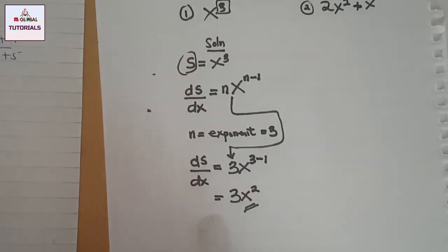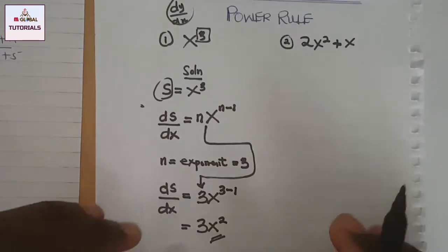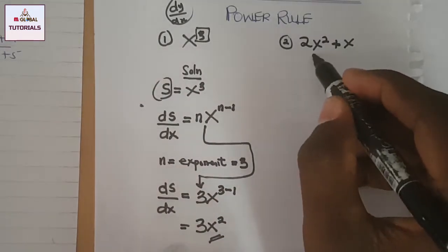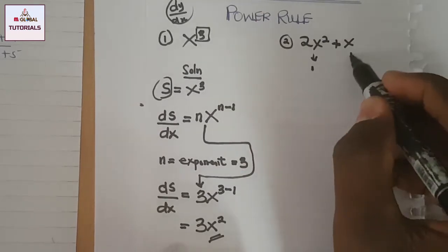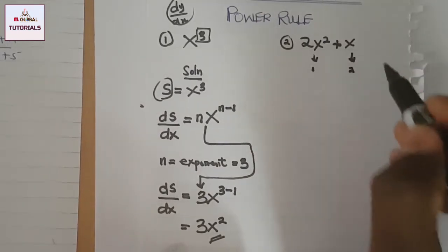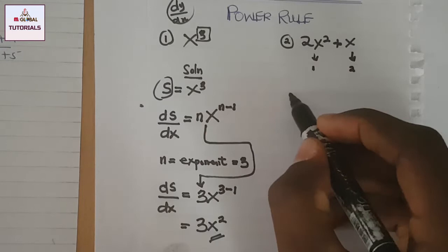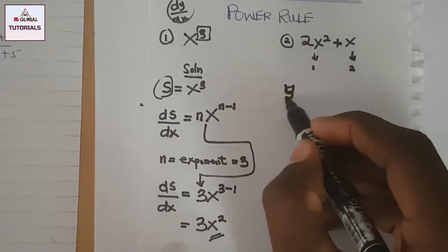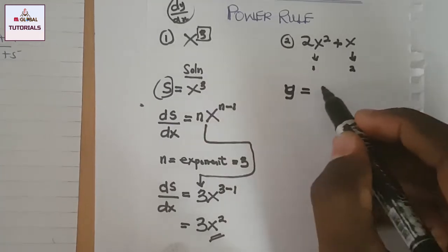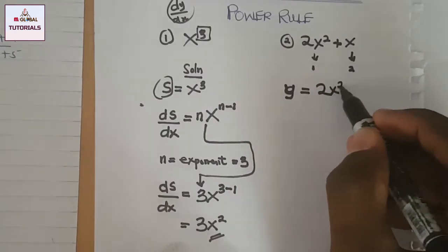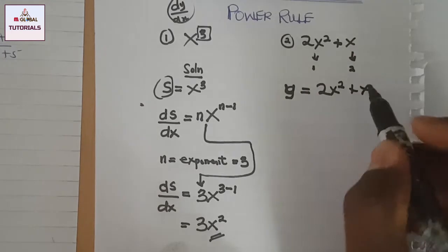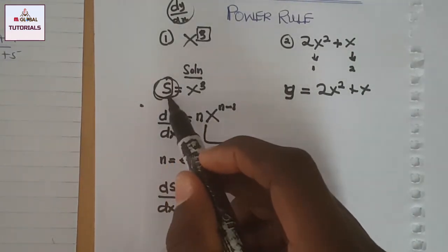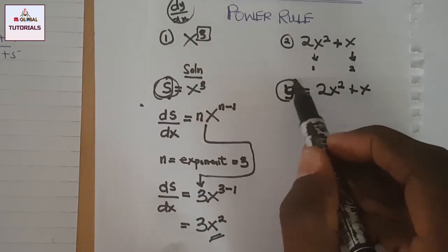Let's get to question 2. Question 2 has the power rule with 2 functions. This one is function 1, and this one is function 2. Let's say this function is y equal to 2x squared plus x. At first it was s, the dependent variable, but now it is y.